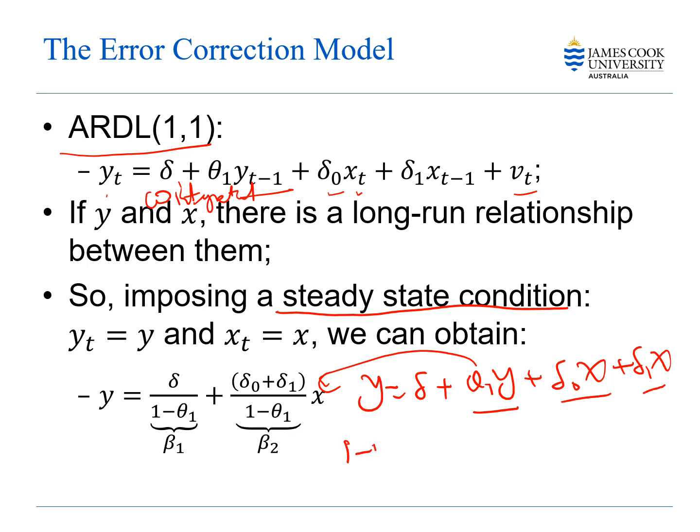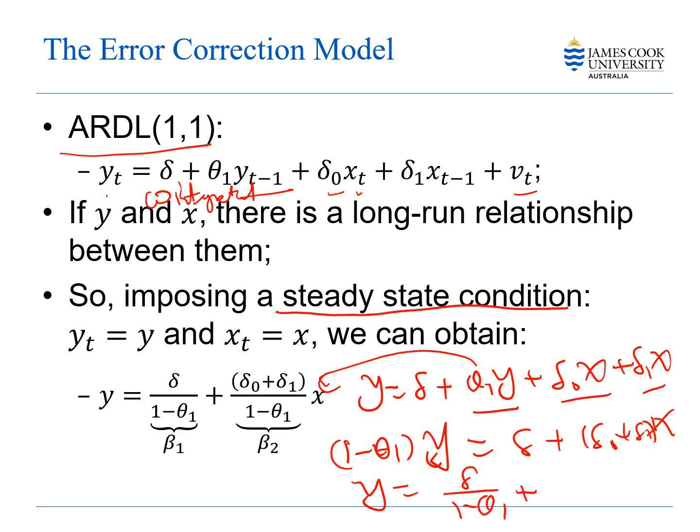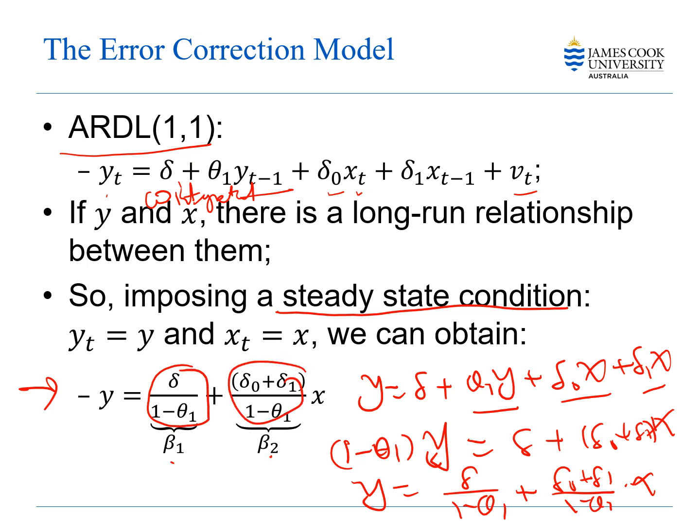So 1 minus theta 1 times y is equal to delta plus delta 0 plus delta 1 times x. Divide both sides by 1 minus theta 1. We get delta over 1 minus theta 1 plus delta 0 plus delta 1 over 1 minus theta 1 times x. So we actually get this equation, and this term we call beta 1, this term is beta 2. So that's the long-run relationship between y and x.